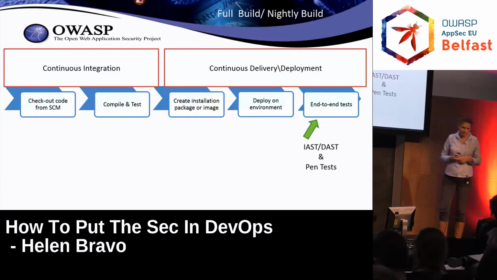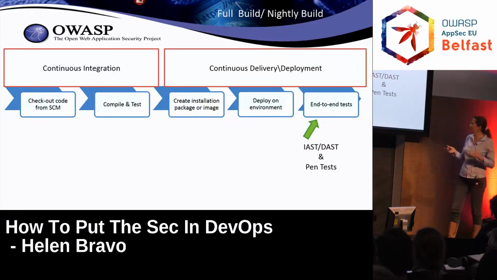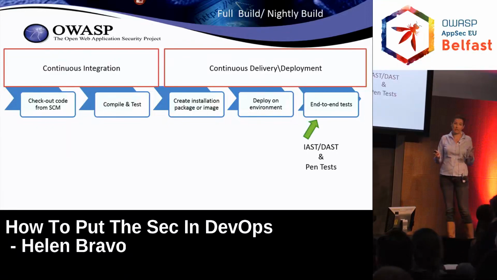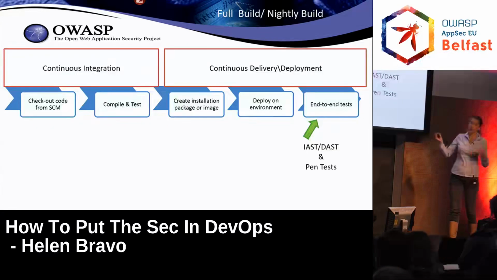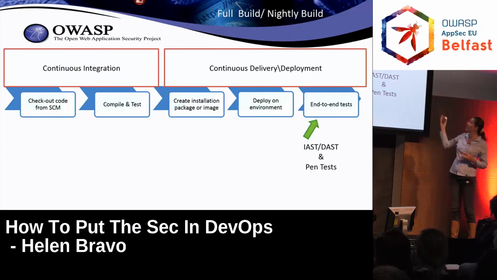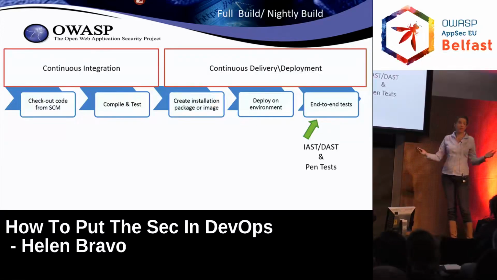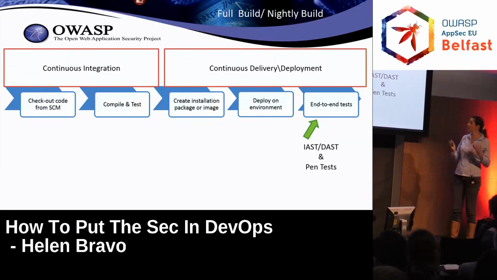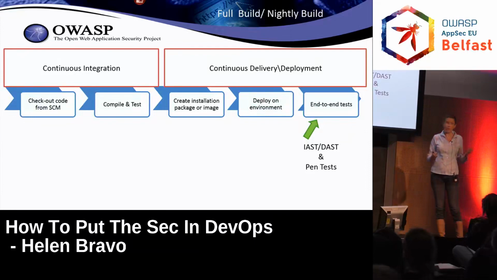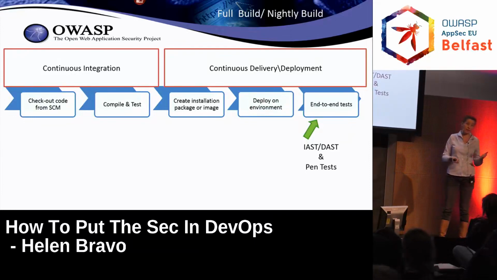End-to-end tests differ very much for those who go for continuous deployment versus continuous delivery. For example, if you are not practicing continuous deployment, you can really afford doing the penetration testing. Penetration testing depends on the deployment environment. You choose to put there several environments, not just a staging and testing environment, but deploy a separate one. And I know a few of our customers who work this way.